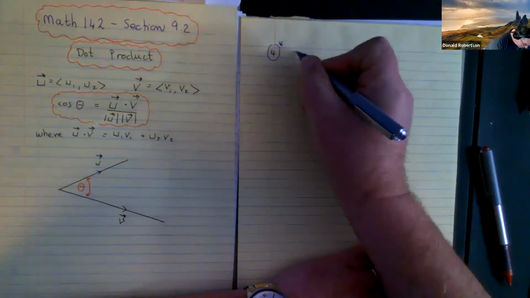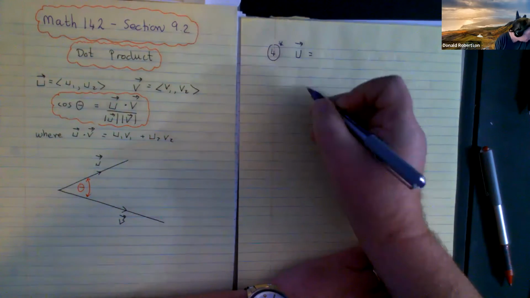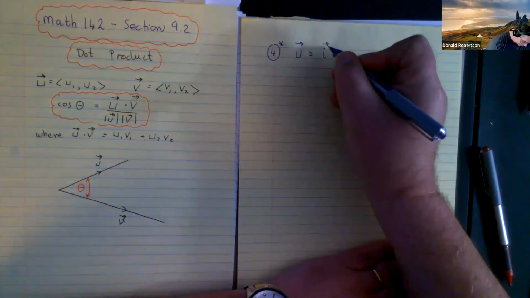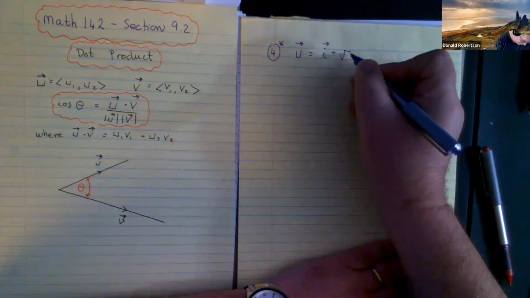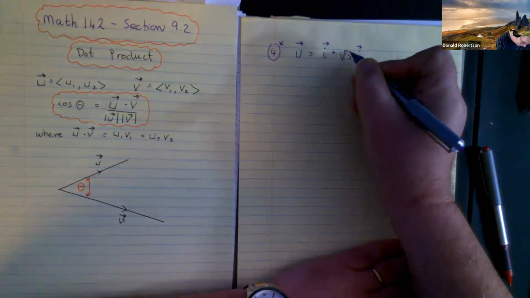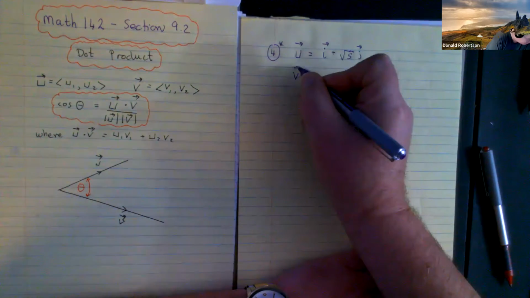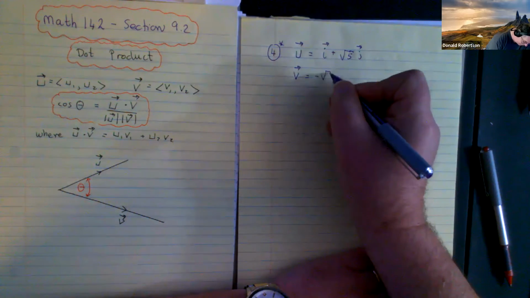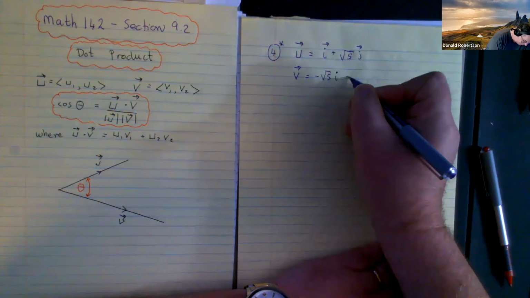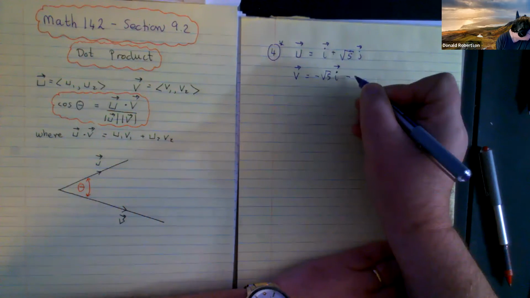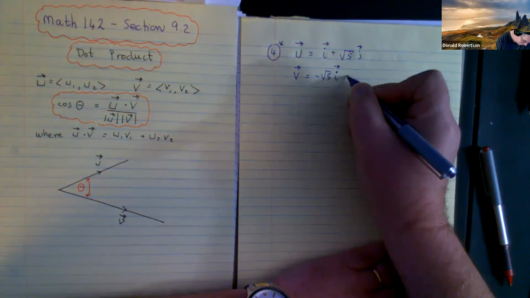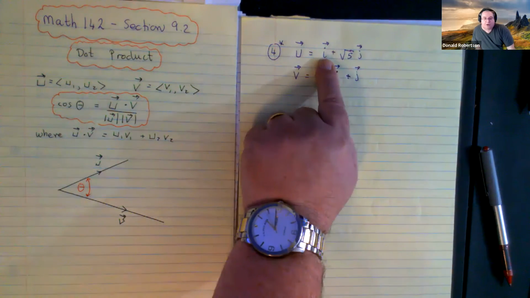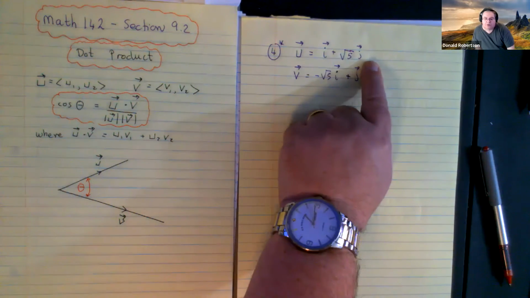The next one, I'm choosing because of the way the question is written. They're using i, j notation. i is 1 in the x direction, j is 1 in the y direction.